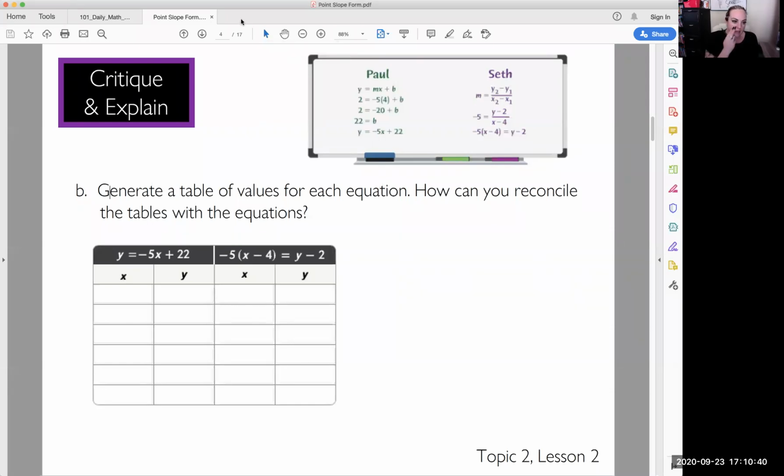So let's look back at the fact that we just learned in the last video how to use an XY table to come up with some values for X and Y. And we're going to apply our linear equation formula to figure that out. So let's generate a table of values for each equation.